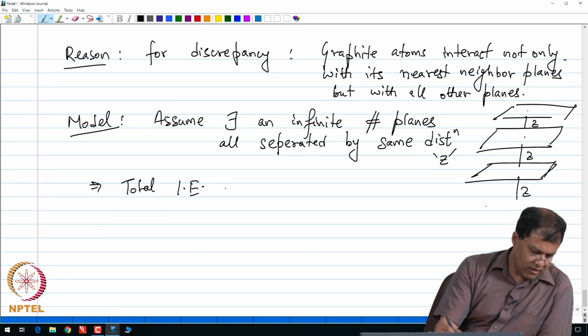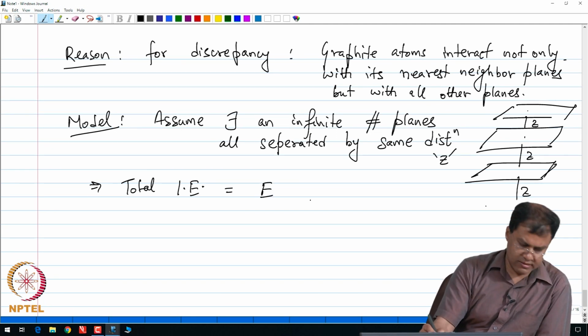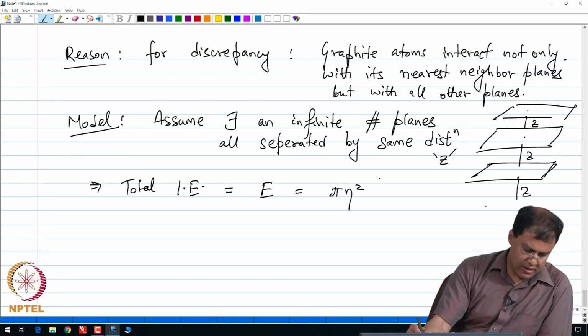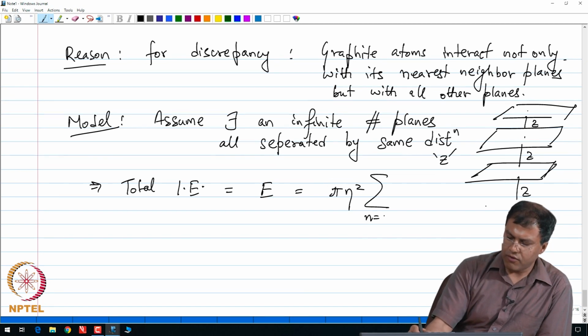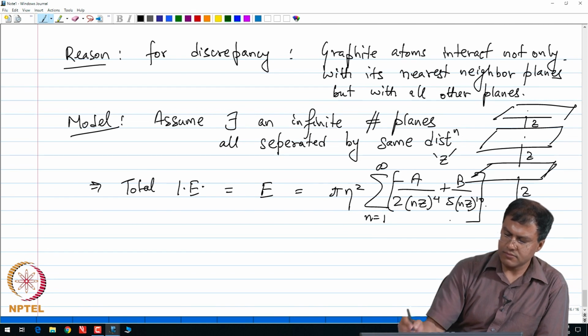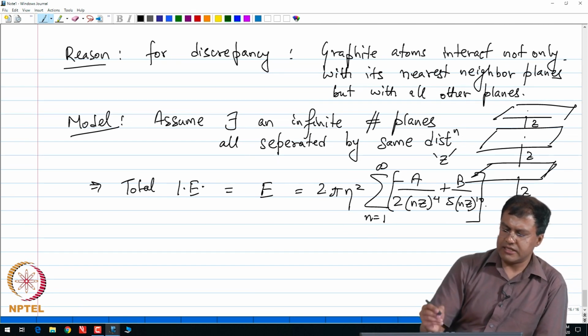Which means that my total interaction energy will be the sum of each of these plates. So, that becomes E, which is pi times eta square times summation n from 1 to infinity of minus a by 2 times (nz) to the power 4 plus b by 5 times (nz) to the power 10, right. And then there is a multiplication by 2.